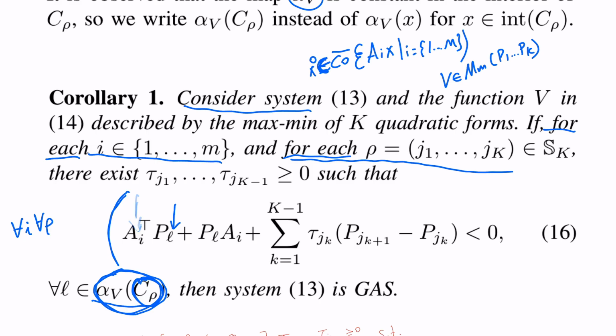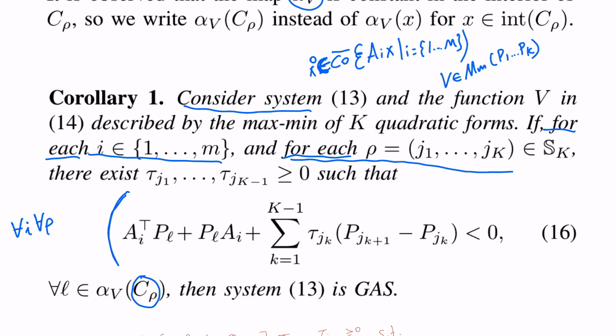All right. So let me take it from the beginning. For any given rho, you tell me the C rho. What is it? It is a subset of the state space.